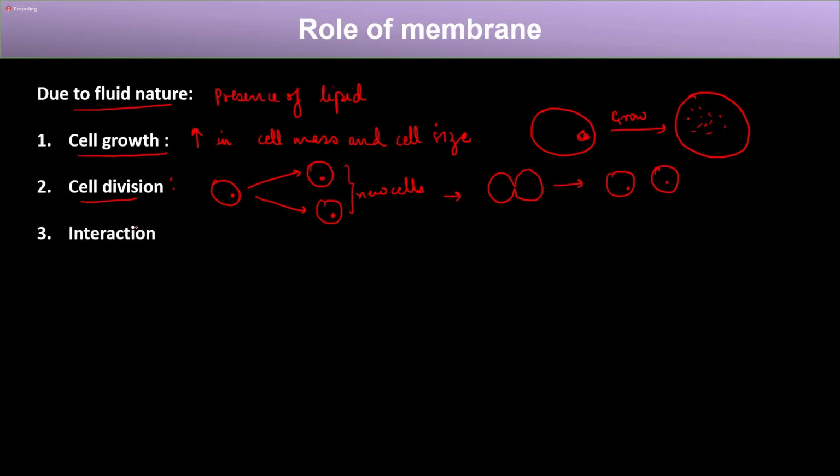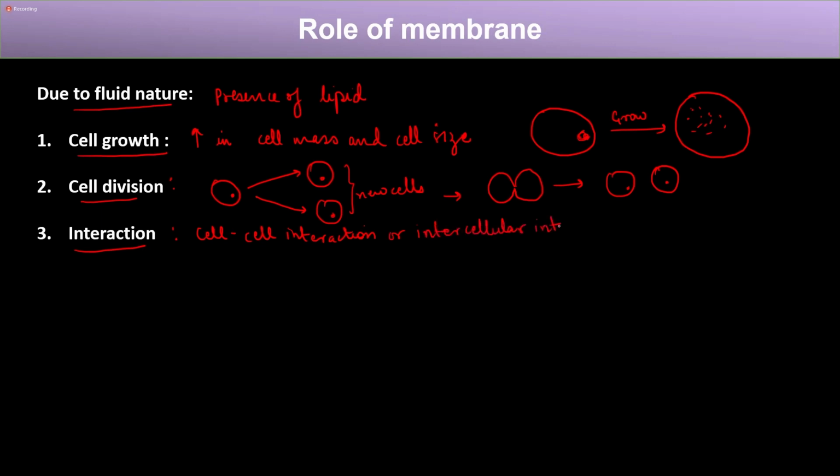The third role of the plasma membrane is interaction. By interaction I mean cell-cell interaction, also called intercellular interaction.